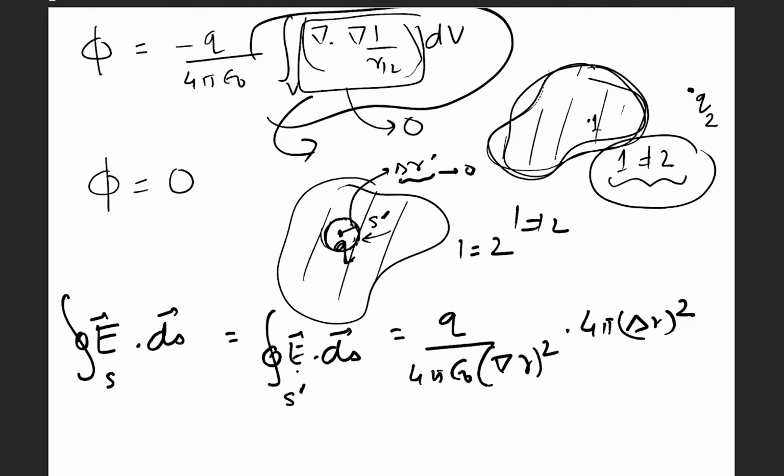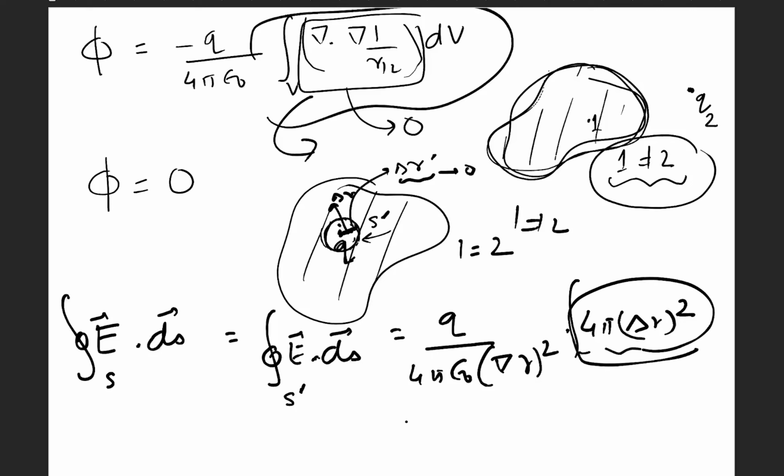Here we have seen that for this delta r radius, all the points are at delta r, and this ds is simply changed to 4 pi delta r square, the surface area of this small sphere.